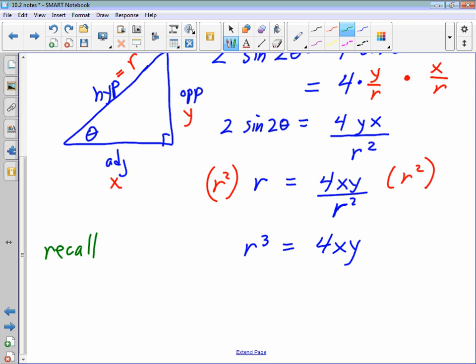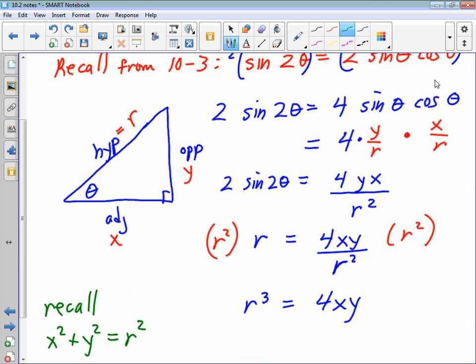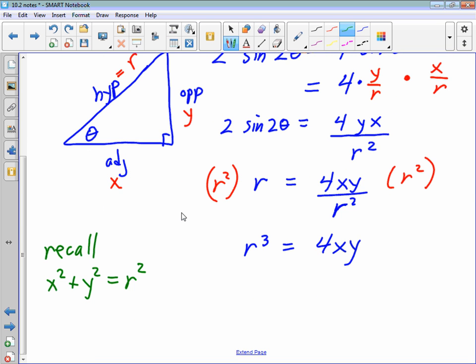Recall, the Pythagorean theorem says x squared plus y squared equals r squared. And we're used to that. x is just one side of this triangle, y is the other side. They're both legs, they're not the hypotenuse. So x squared plus y squared equals r squared. Okay, so we're good there.